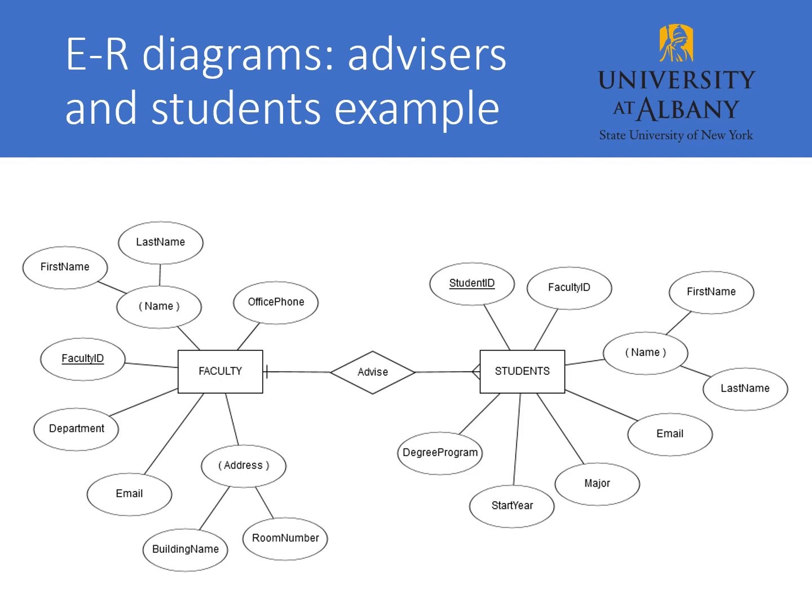What we know about faculty: office phone number, name, faculty ID, department, email, building name, room number, and so on. Same goes for students. Each of these bubbles becomes a column in our tables, and we have a relationship between tables shown with the diamond. So two tables, students and faculty, each with their own attributes, and then there is a relationship between them, advising.